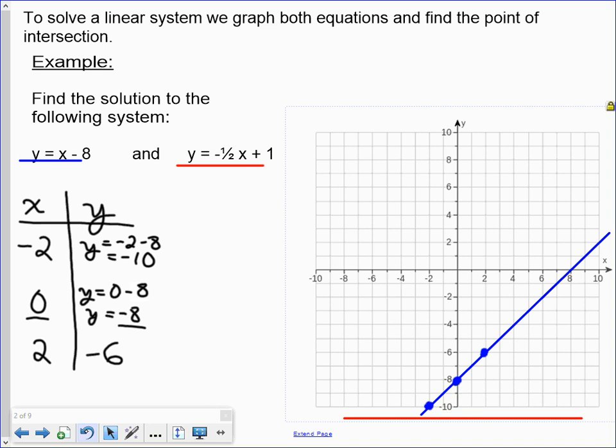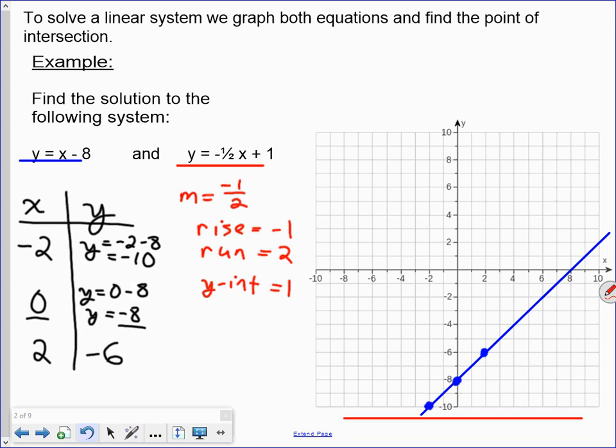So we could graph the second one using a table of values, or we could do it using the slope and the y-intercept. We know that our slope is 1 over 2, so our rise is 1, our run is 2, and our y-intercept is the point positive 1.